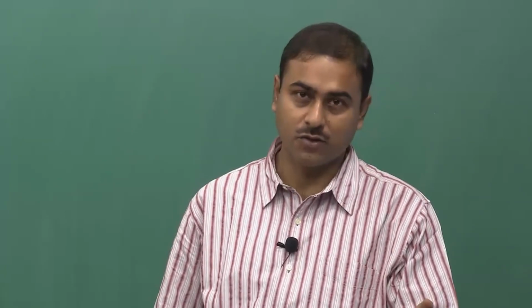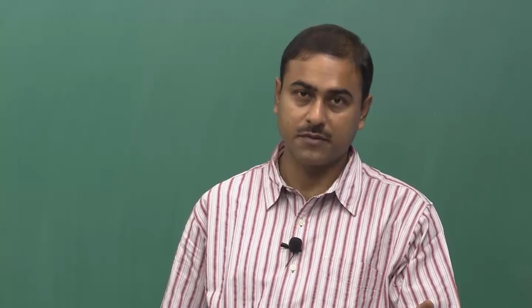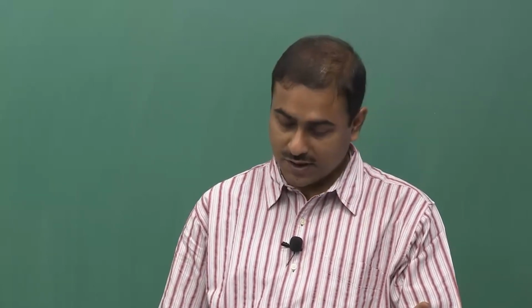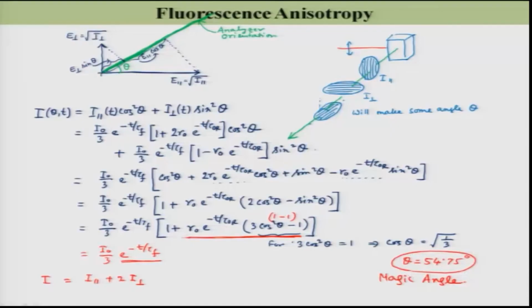okay. It is okay only when the lifetime is very large compared to the rotational time, right. So, in case that tau r is much smaller than tau f, then the decay of this part will not affect the tau f that way.